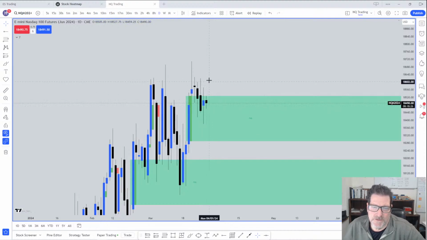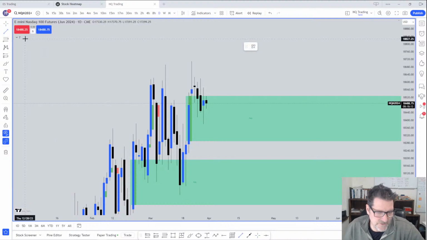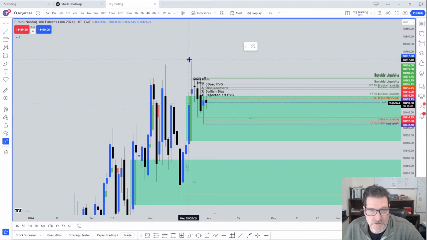I think we're going to be looking at external liquidity today, which I believe is up. We got a lot of LR right there, low resistance liquidity. So I'm looking for a low resistance liquidity run today. That's kind of what I'm looking for right there.